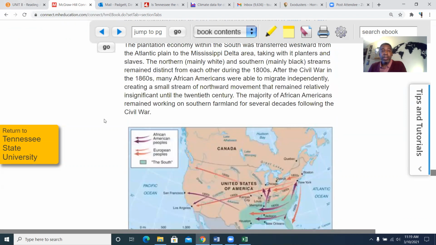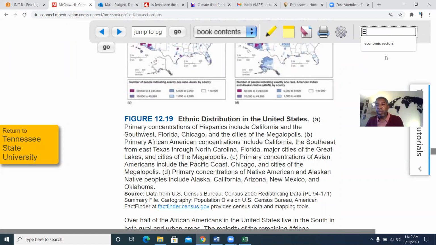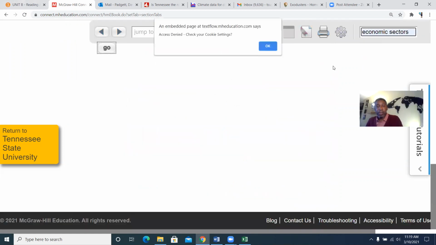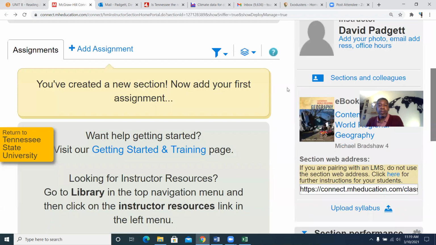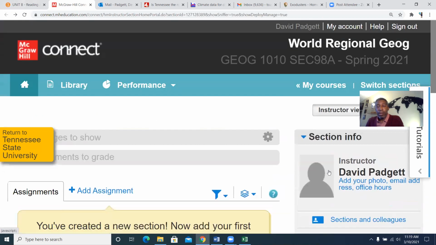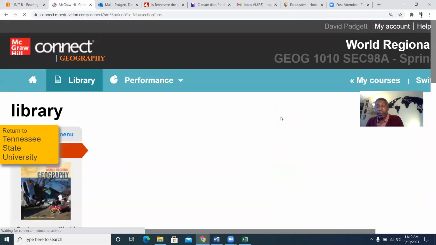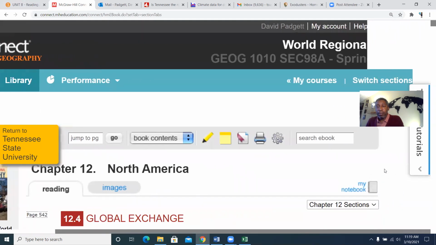One of the things that we discussed during that portion of the lecture were these economic sectors. And so that takes us to the portion of the textbook that focuses upon the major sectors of any economy.